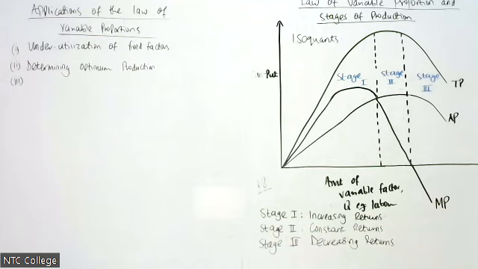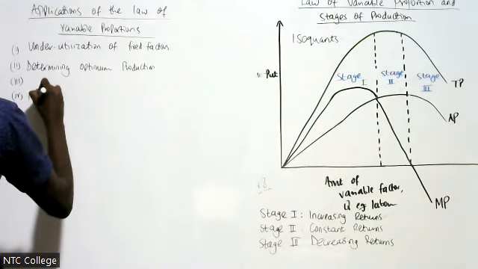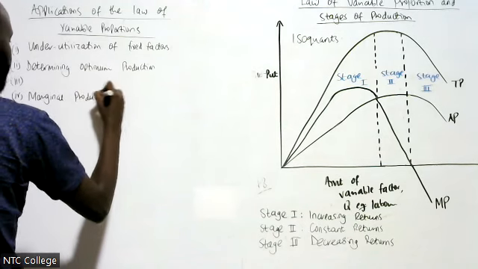And the fourth application area, number 4, it helps in identifying the marginal product of a factor. I want to explain this better.